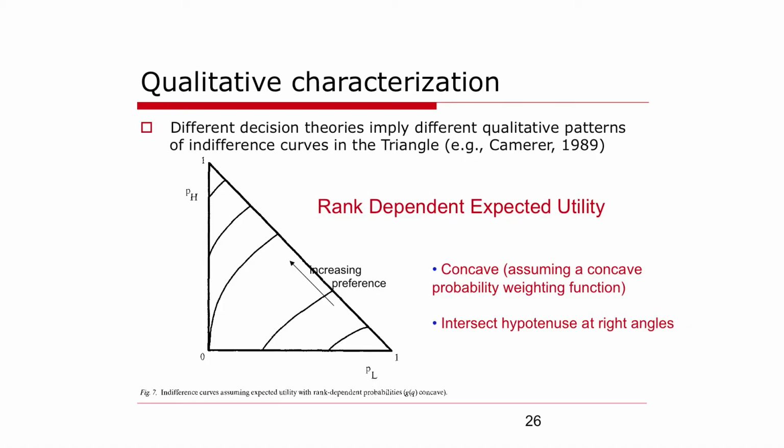And then here's the rank-dependent one. It turns out rank-dependent expected utility makes curved predictions. The indifference curve is not going to be a straight line, and in particular it intersects on this hypotenuse, this line here. Of course, different versions of prospect theory will have different indifference curves.